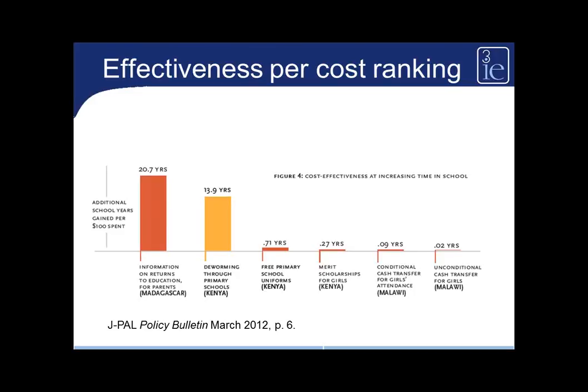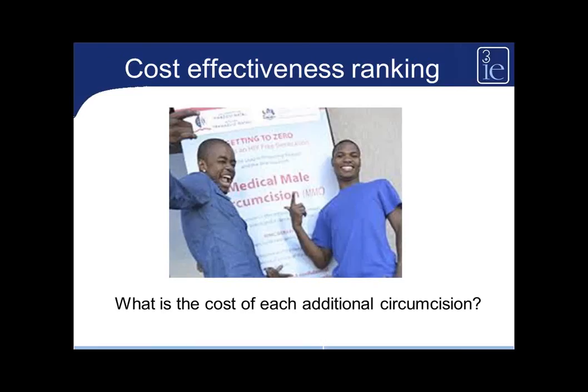Now, if you look at some of these other interventions, you may recognize them as interventions that have a reputation of being very effective. So these are interventions where impact evaluations have shown that in fact they have significant positive impacts. What cost effectiveness allows us to do is say, okay, we know all these things are good, but which ones can we do at the lowest cost?